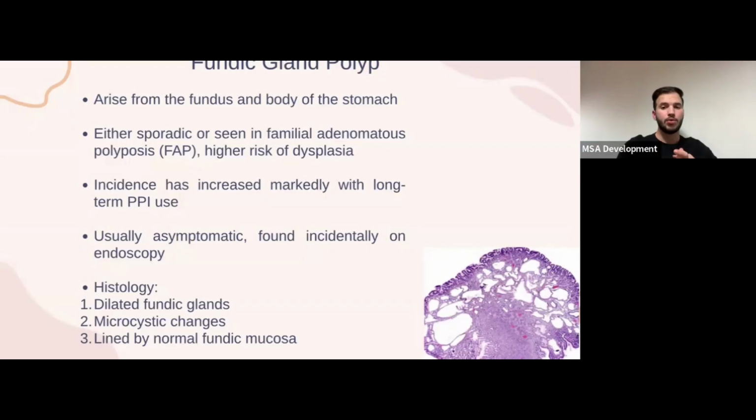Because PPI will decrease the gastric acid, which will cause an increase in the gastrin secretion and G cell hyperplasia, and the gastrin will cause a glandular hyperplasia leading to the fundic polyp. Usually they are asymptomatic and are found incidentally on endoscopy. On histology, as you can see here, we have the dilated fundic glands. We do have the microcystic changes that are lined by the normal fundic mucosa.